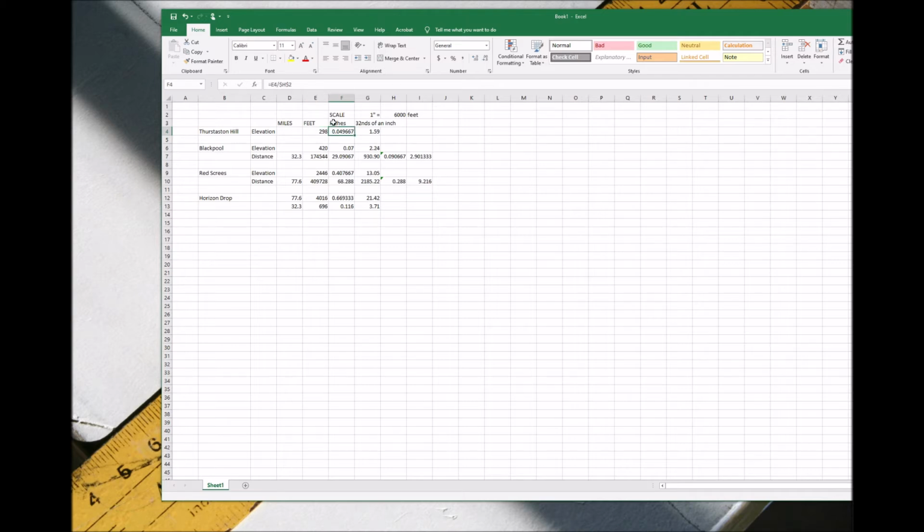And it comes out to 0.049 inches, which in terms of 30 seconds of an inch is 1.59 30 seconds of an inch. So I took that number, and that's what I used to scale on my tabletop. I did the same for Blackpool Tower, the elevation, and also its distance from the observation point, and Red Screes.